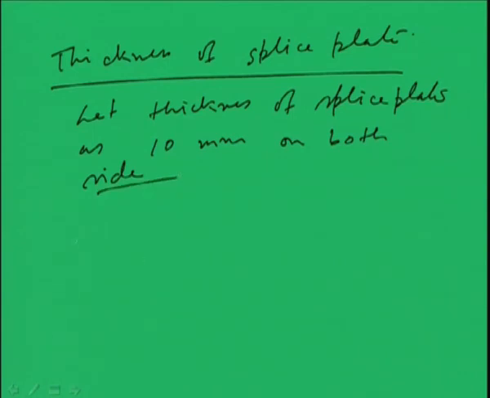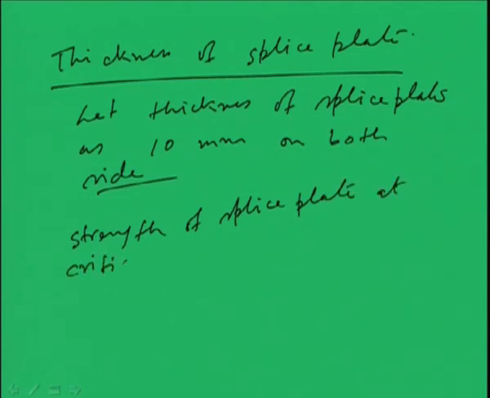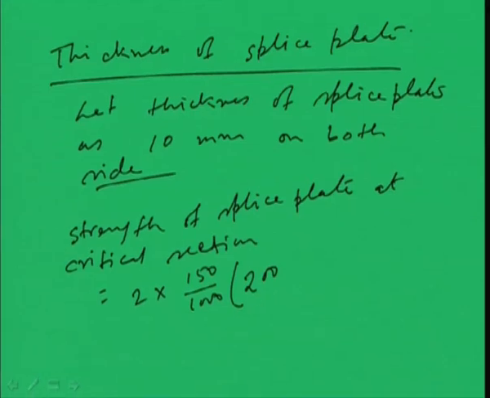That means if we provide tension splice on both sides with 10 mm, then strength of splice plate at critical section will be how much? 2 into 150 by 1000 is for kilonewton, 200 is the width.